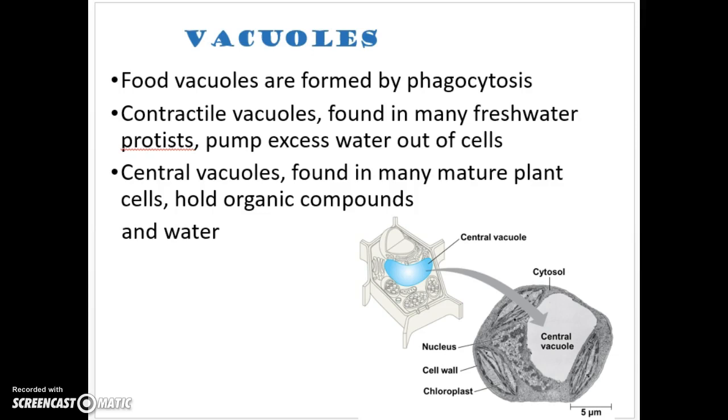Where you really see a large vacuole is in a plant cell, and they serve a lot of functions in a plant cell. It's a big part of what gives structure to a plant cell, especially a parenchyma cell, which is involved in photosynthesis and is found in the leaves. Vacuoles are usually filled with liquid, so they're usually water-filled.